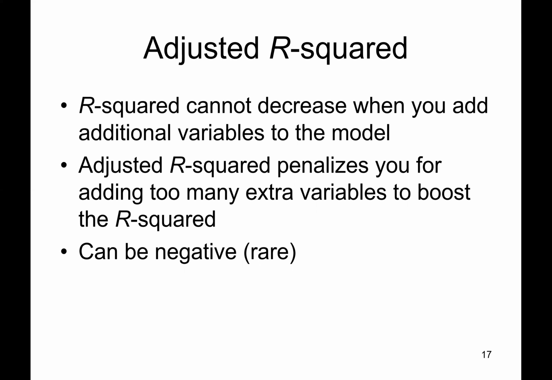You would explain a little bit more of the variation, even if there's no real correlation between those variables and what you're looking at. That seems a little silly. So statisticians have devised adjusted R-squared, which is an alternative metric that penalizes you for adding too many extra variables just to boost the R-squared. Technically speaking, adjusted R-squared can actually be negative. It's rare. I have actually never seen it in practice.